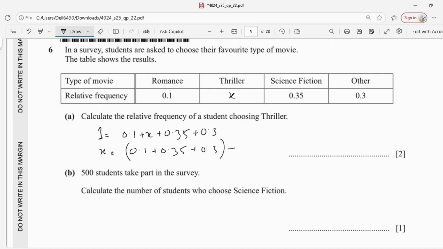Minus x is equal to the sum of these three minus 1, that is 0.75 minus 1, which is equal to minus 0.25. The minus signs cancel, so x will be 0.25.